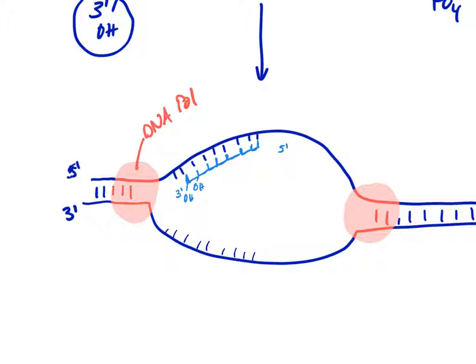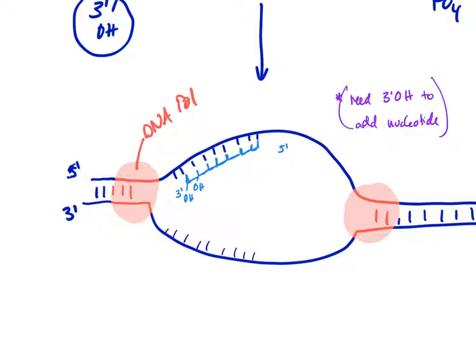Why is this important? Important because you need a free 3' OH to add nucleotides. That's absolutely necessary. So in this strand right here, we call the leading strand.